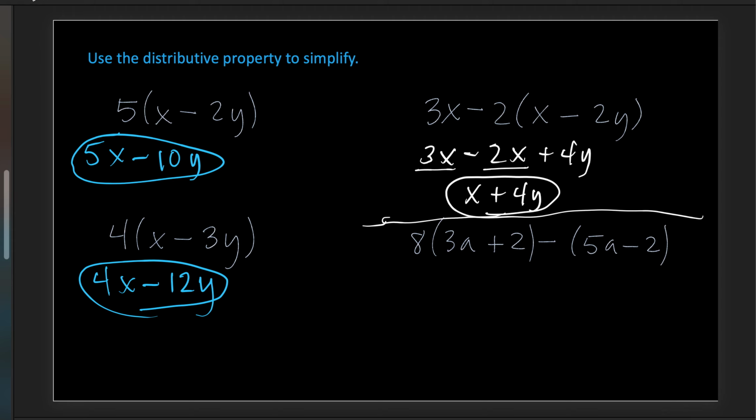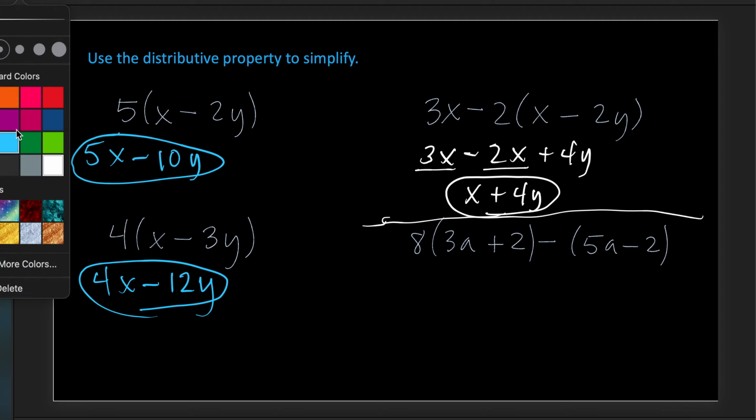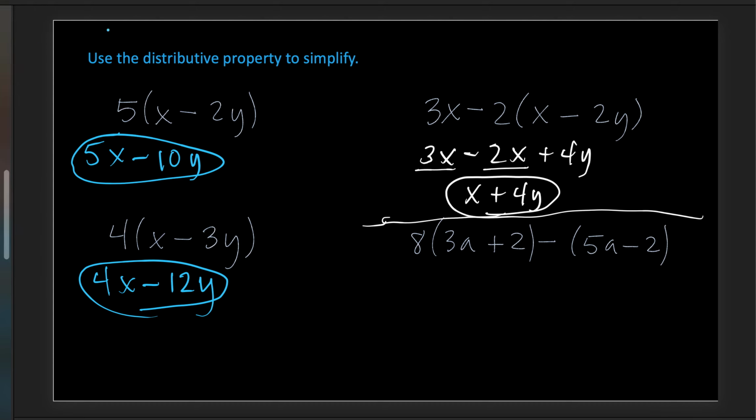So now we have 8 times 3a plus 2 minus 5a minus 2. Okay, so there's nothing to combine in these parentheses, either one here, so we're going to look towards using the distributive property.